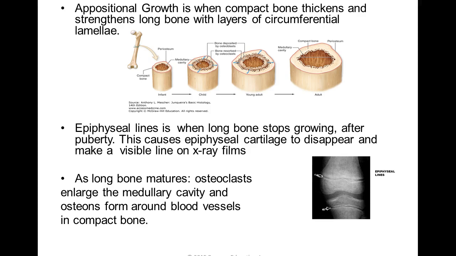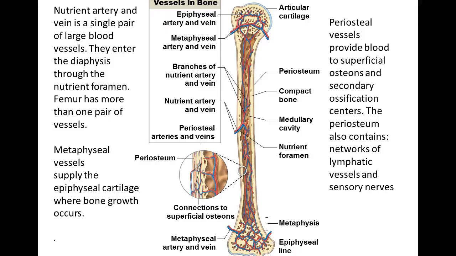After the age of 25, for this individual, just for example, this no longer has any chondrocytes in it. But there is a line there that shows where they were. As the long bone matures, osteoclasts enlarge the medullary cavity. I think I already talked about that.